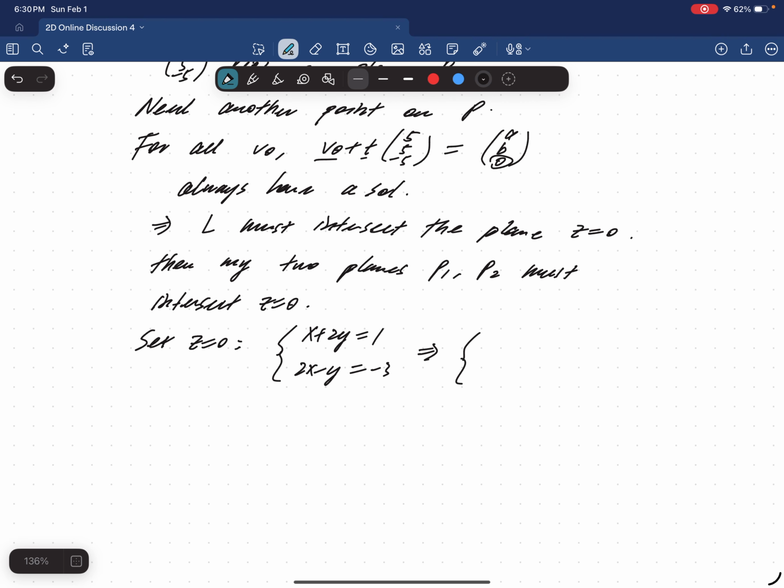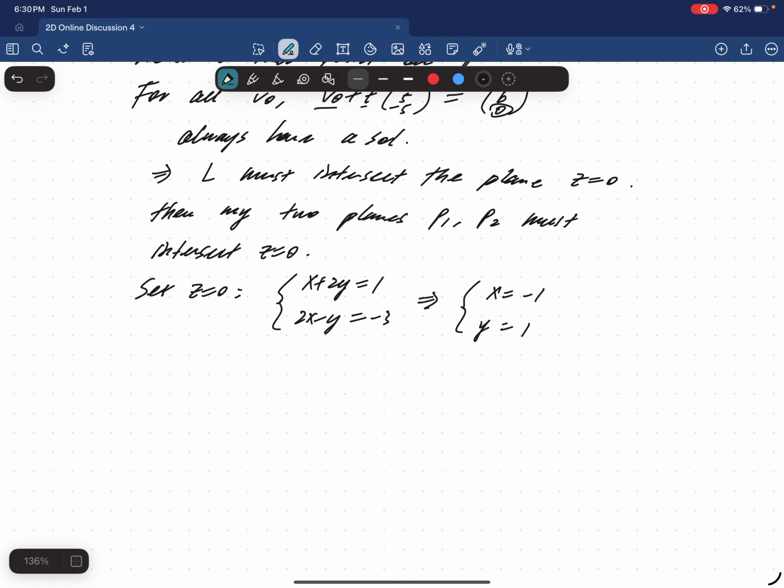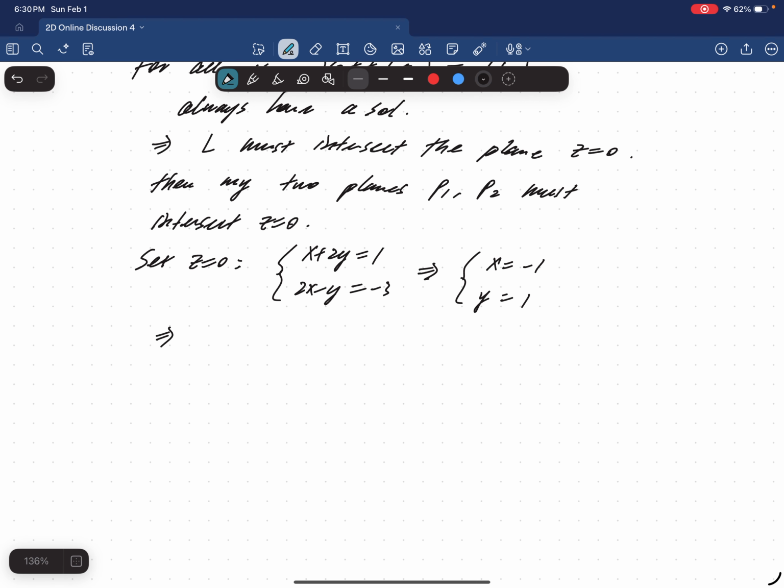Solving gives that x is -1 and y is 1. So this point (-1, 1, 0) also lies on my line, and so it also lies on my plane P.